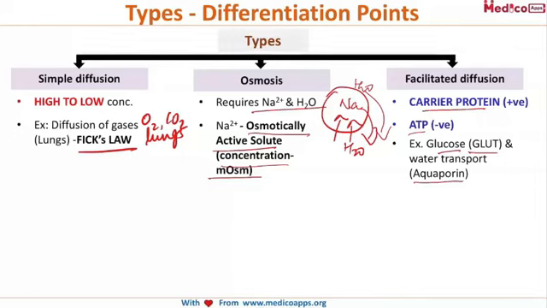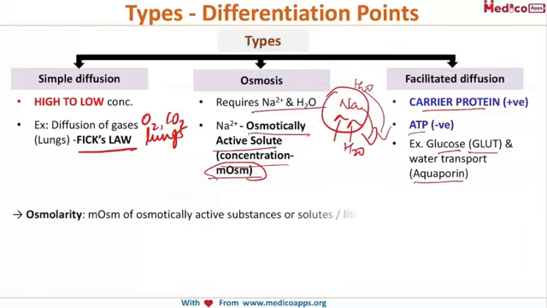Now, I have just uttered the word milliosmoles, right. So, let us quickly understand what is the concept of osmolarity and osmolality. Now, by definition, osmolarity is the number of milliosmoles of the osmotically active substance, for example, let's say sodium. So, number of milliosmoles of sodium that is present in a given liter of solute, that is osmolarity, is nothing but the number of milliosmoles of the osmotically active substance per liter.